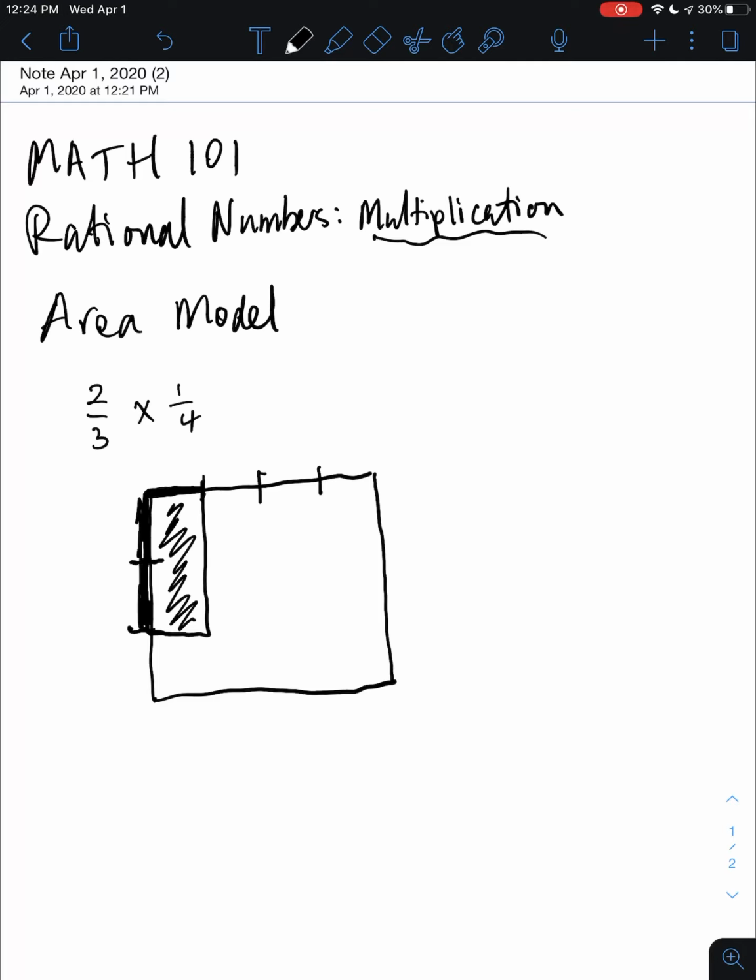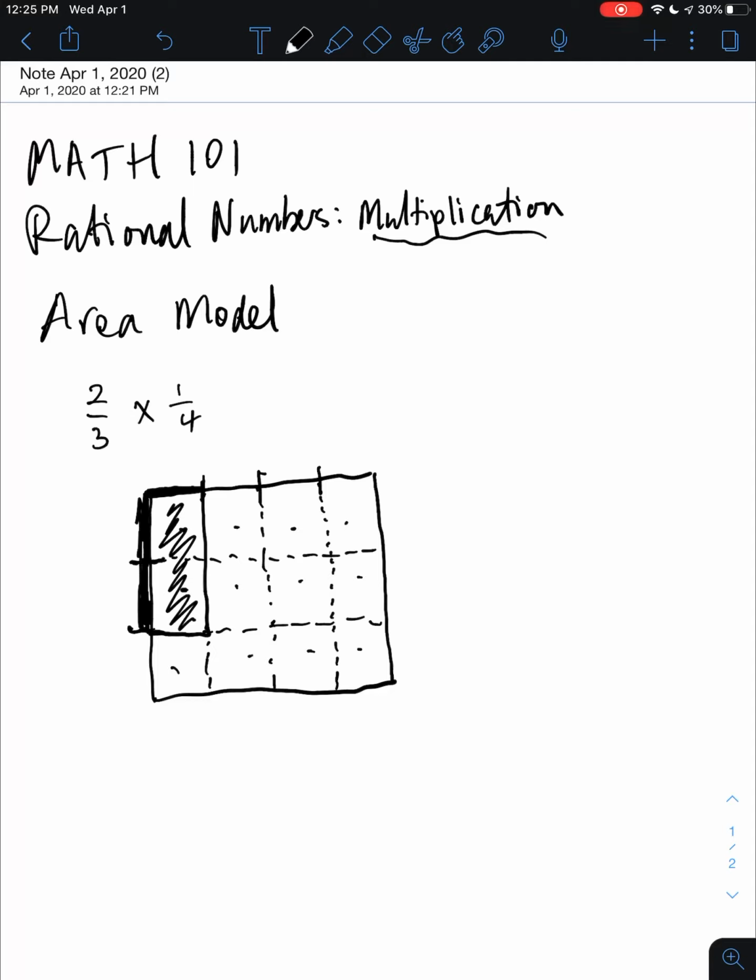Now how big is that area? To figure out how big it is, I'm going to complete the whole square, dividing the whole square up into its grid pieces. How many pieces are there? 1, 2, 3, 4, 5, 6, 7, 8, 9, 10, 11, 12.